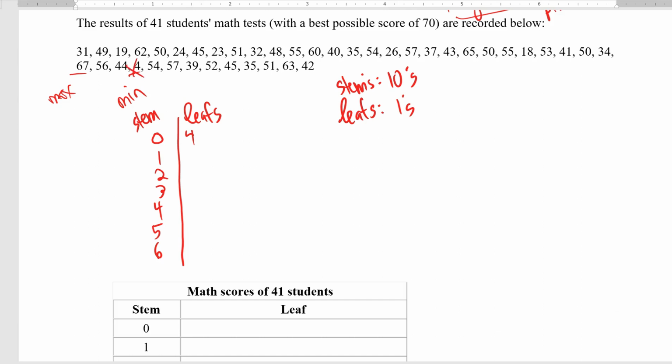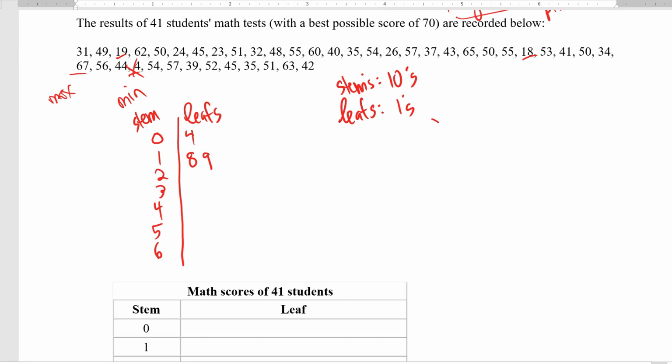Number's gone. Now I'm looking for any tens. I see an 18. I see a 19. What we would do here is we wouldn't put the 18 and then the 19. What you do is you put just the leaves, just the ones. So you would put an 8 and a 9. You only put the ones digits over here.